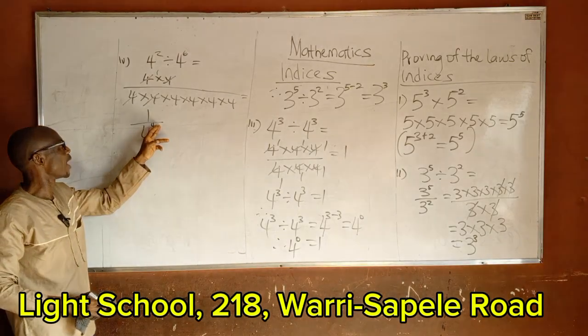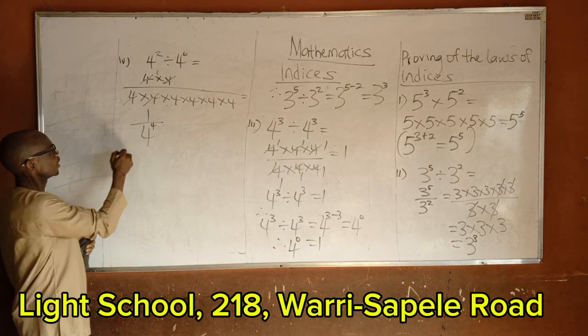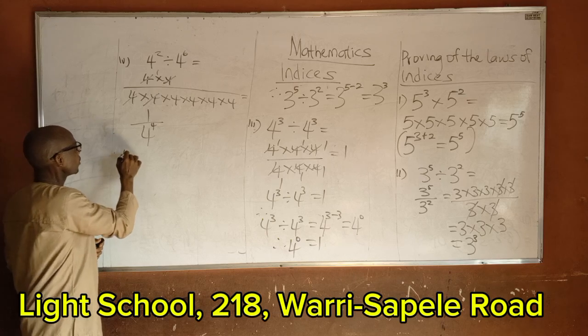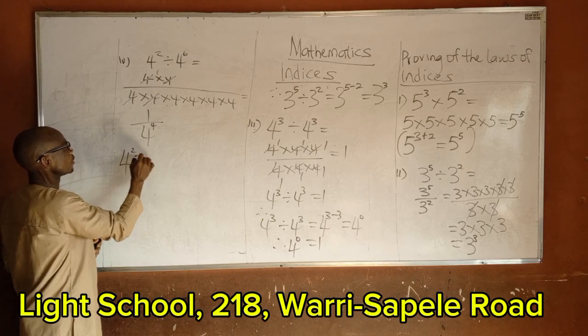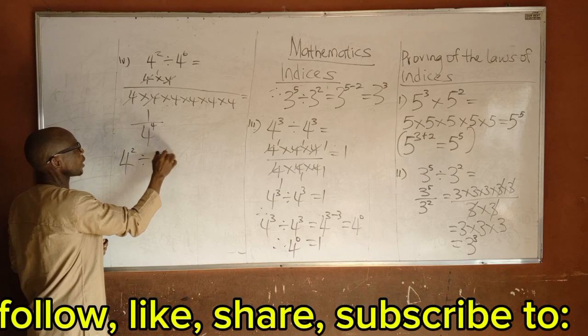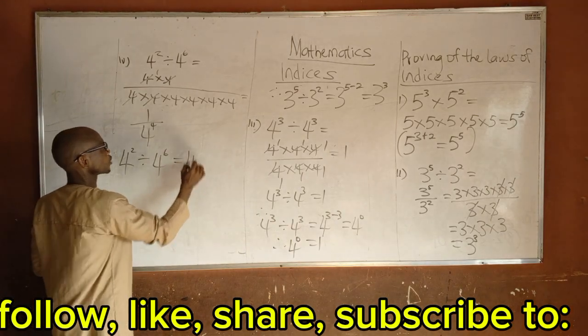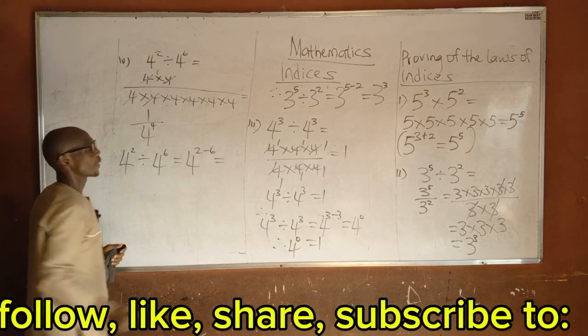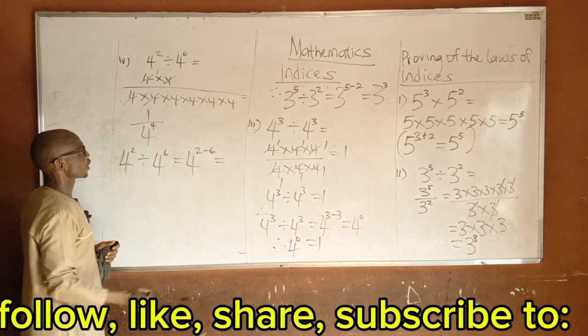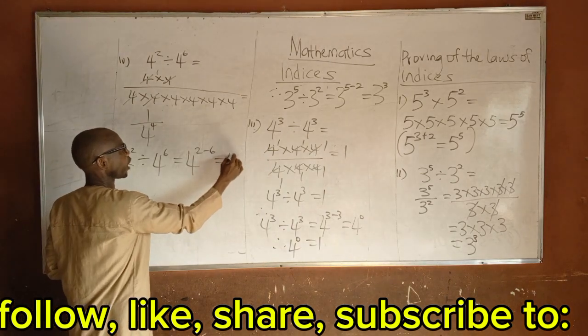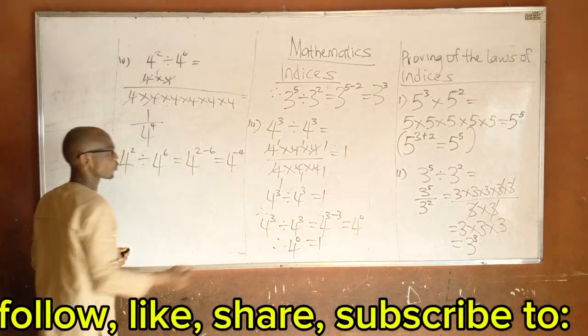We get that now. But look at that, 4 raised to the power 2 divided by 4 raised to the power 6 is equal to 4 raised to the power 2 minus 6. And that will give us 4 raised to the power minus 4.